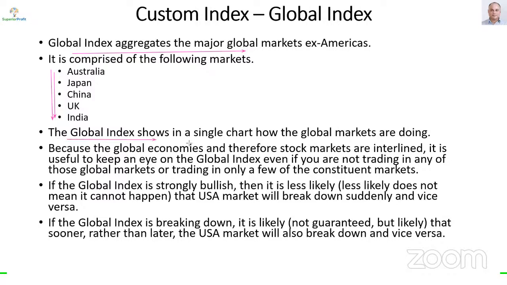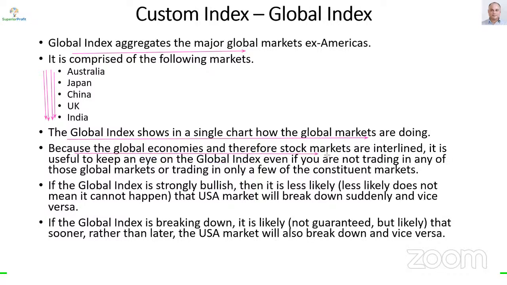The global index shows in a single chart how the global markets are doing. Why not North America? Because North America is a very huge market. It influences everything. So for North America, we already have the other breadth layouts. Most of the breadth layouts, as I mentioned, are calculated on North America, and the global index is for ex North America, a single chart.